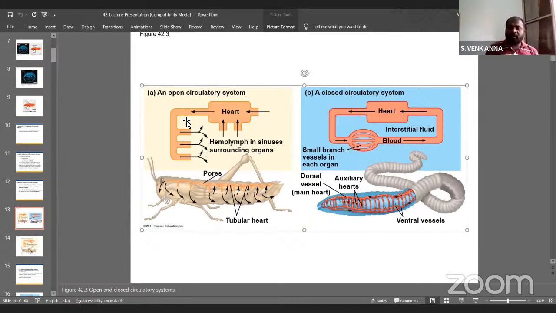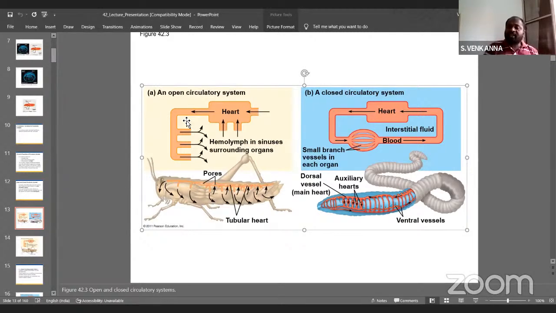What are the characteristics of the open circulation system? The first characteristic, which is very important, is that blood flows at low velocity and low pressure due to the absence of smooth muscles in the vessels.